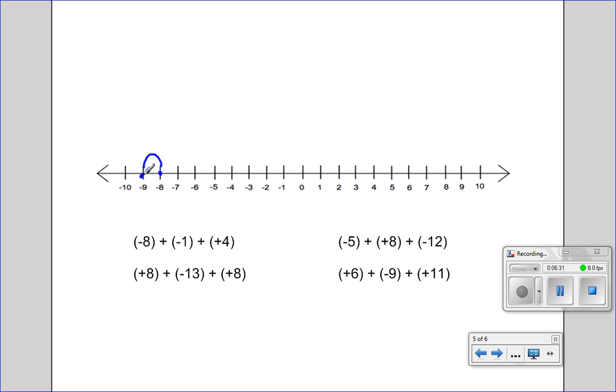So that means I need to move 4 spaces to the right. So 1, 2, 3, 4. As you can see, that lands me at -5.